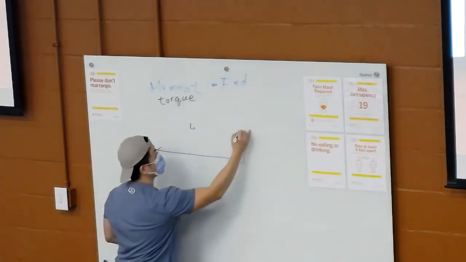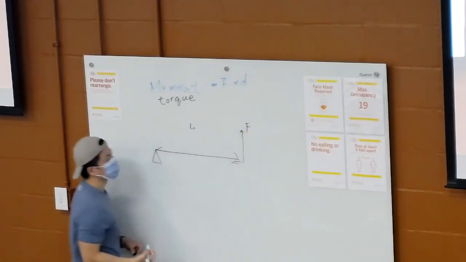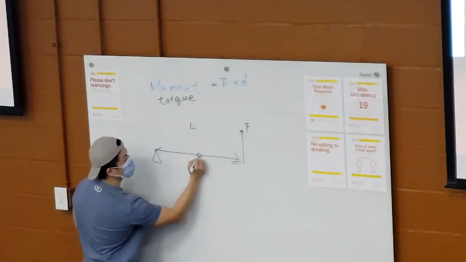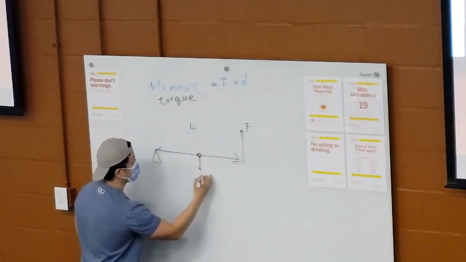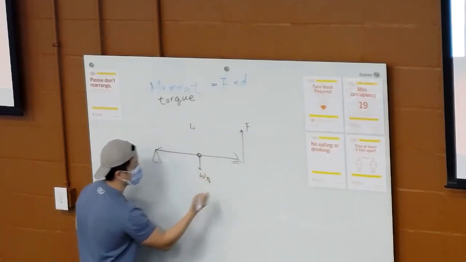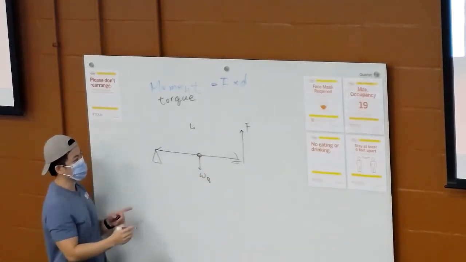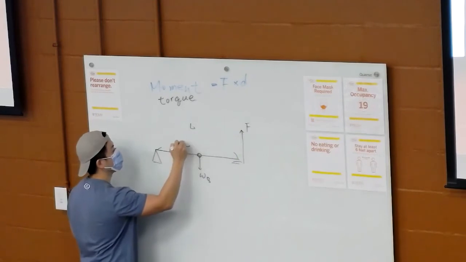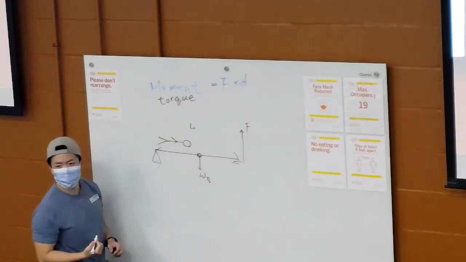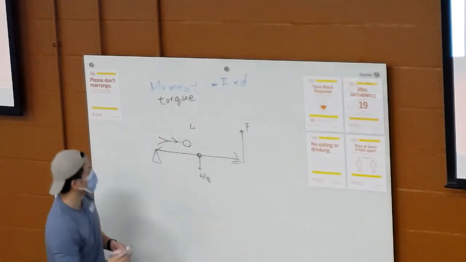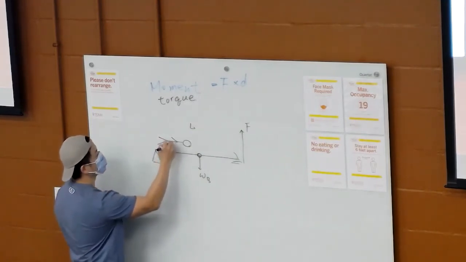So there'll be a force. And also, the board has its own weight, let's say W board. And then somebody is going to lie down on the board, and his center of mass will probably be here.